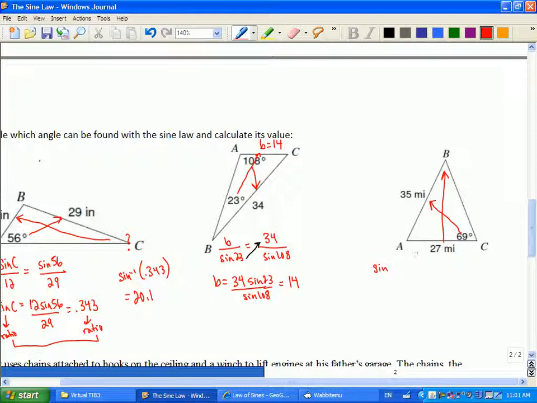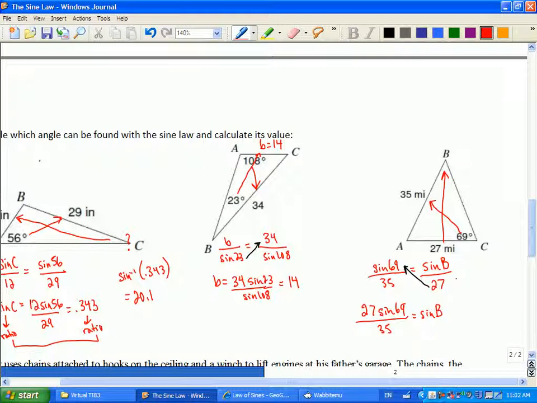The sine of 69 degrees over 35 is the sine of angle B over 27. So then if I rearrange this, all I have to do, because I put the angles on top, is move 27. So 27 sine 69 over 35 is the sine of B.